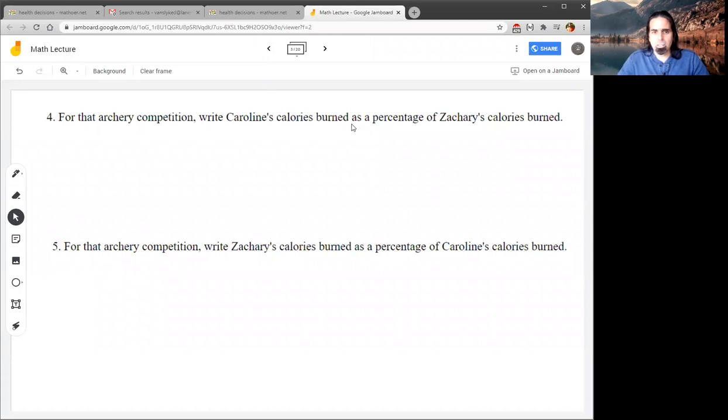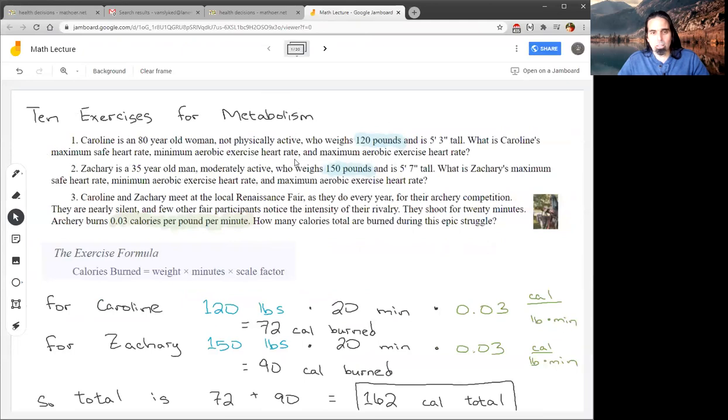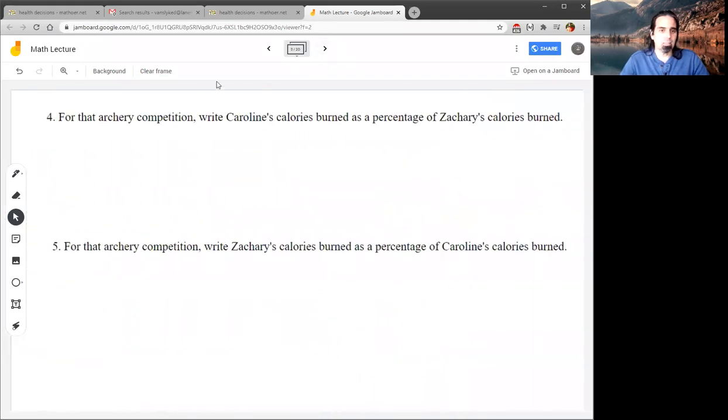So Caroline's as a percentage of Zachary's. What do we mean by that? We have two numbers, the 72 and the 90. I'm just going to stick them on the board.